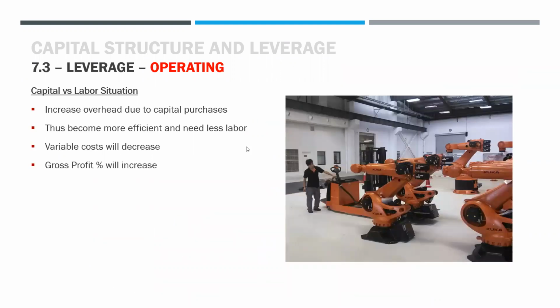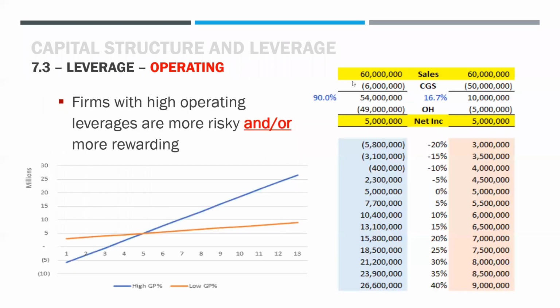So you can have, and I was kind of getting at that just a little bit here, a capital versus labor situation. And if that is the case, then due to capital purchases, your overhead will increase, and hey, that's our high operating leverage company.